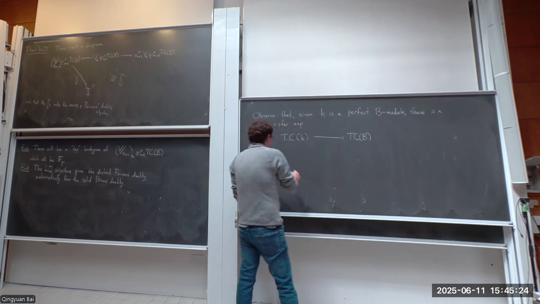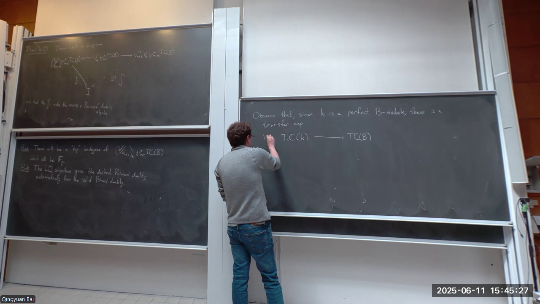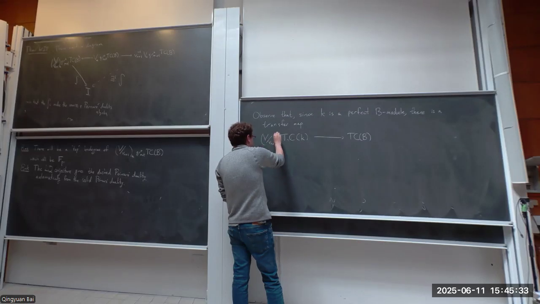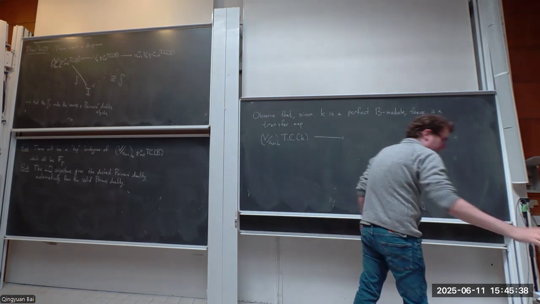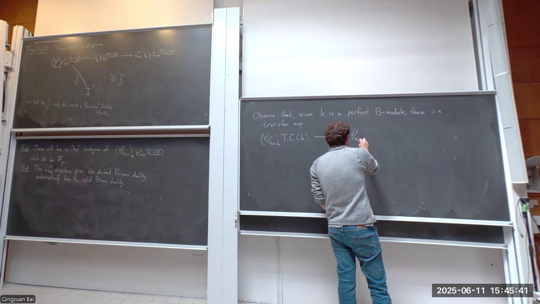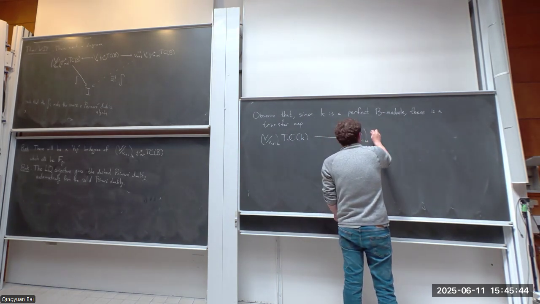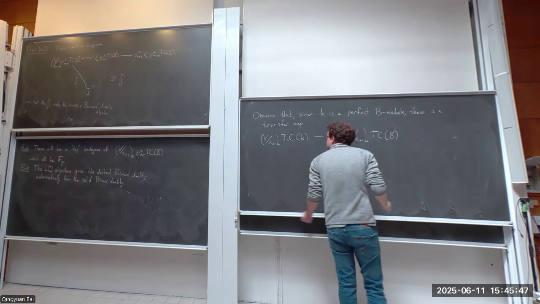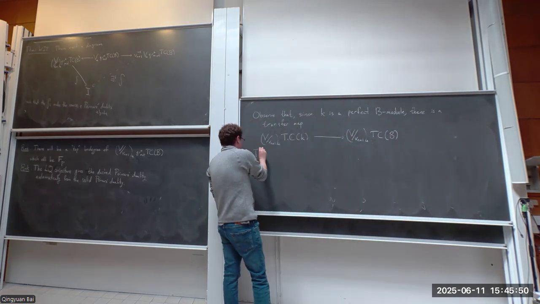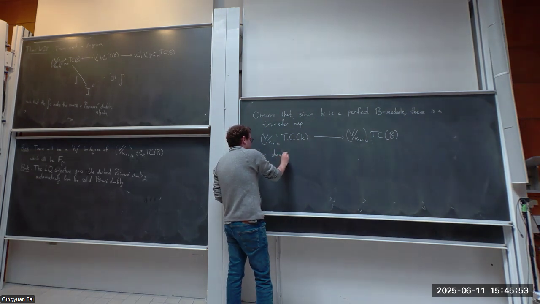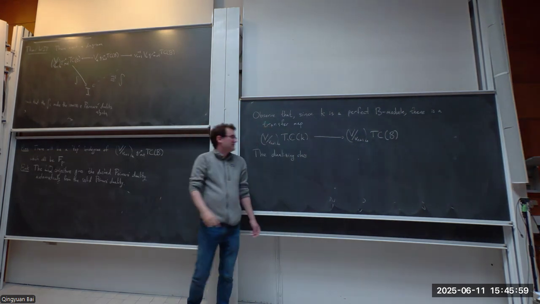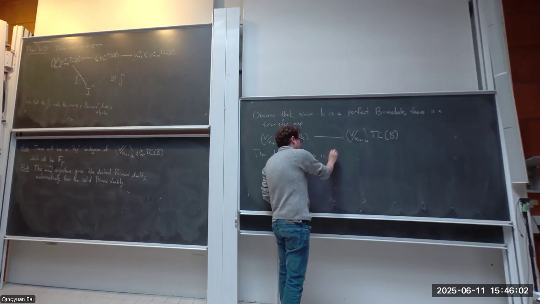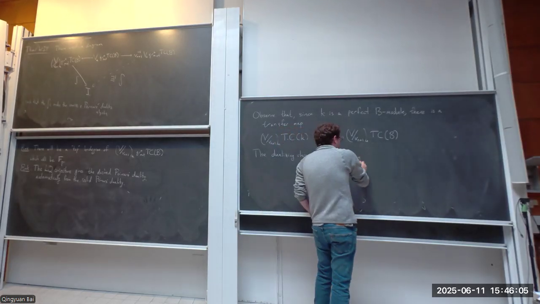And I take the one plus one star coefficient. The claim is that the dualizing class in the top pi degree is in the image of this map.